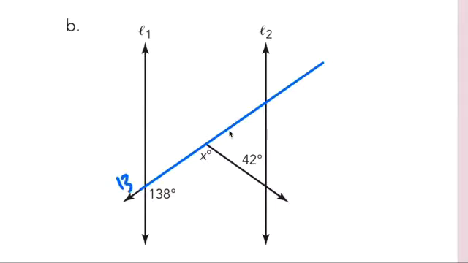That's 138. Make 180 right here by doing 42 degrees. And then right here would be 42 degrees, alternate interior, 138 on the other side, 42 degrees.